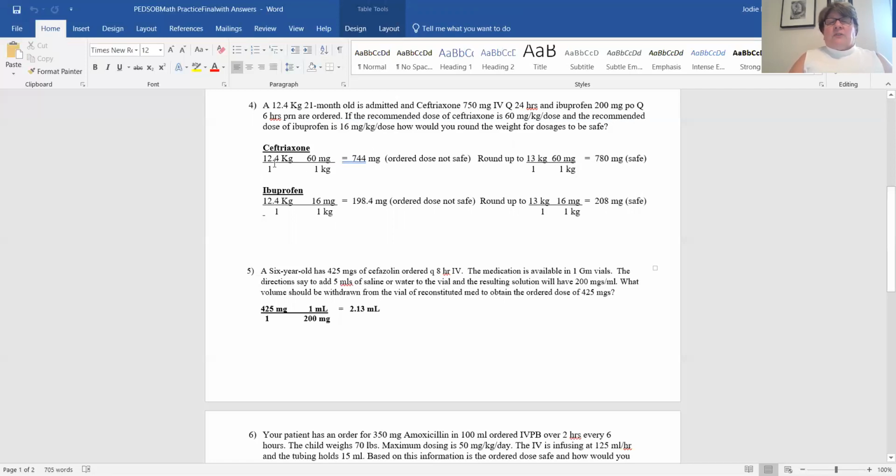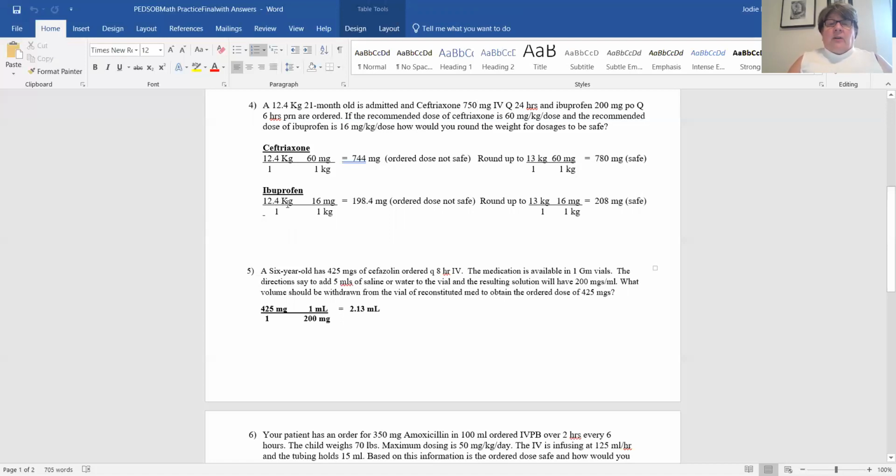So if you use the straight 12.4 kilograms to multiply, your order is not safe. But if you take that 12.4 and round the weight up to 13 kilograms, with no tenths or hundredths, and then multiply it by the 60 milligrams per kilogram, then it does show that 780 milligrams is safe. And the order of 750 milligrams would then be within the safe range. The same thing with ibuprofen.